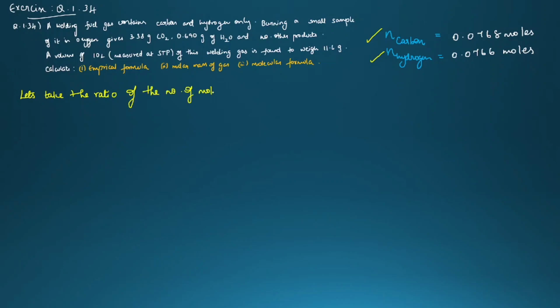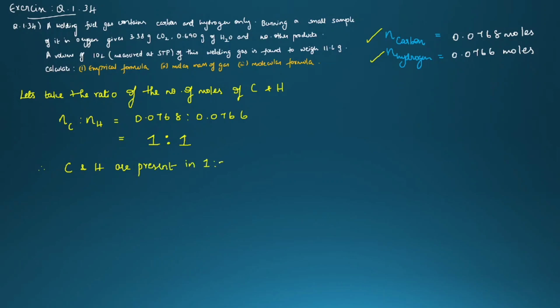So what will be the ratio? The ratio of number of moles of carbon to number of moles of hydrogen will be 0.0768 to 0.0766, which is almost a 1:1 ratio. So we can say that carbon and hydrogen are present in a 1:1 ratio.